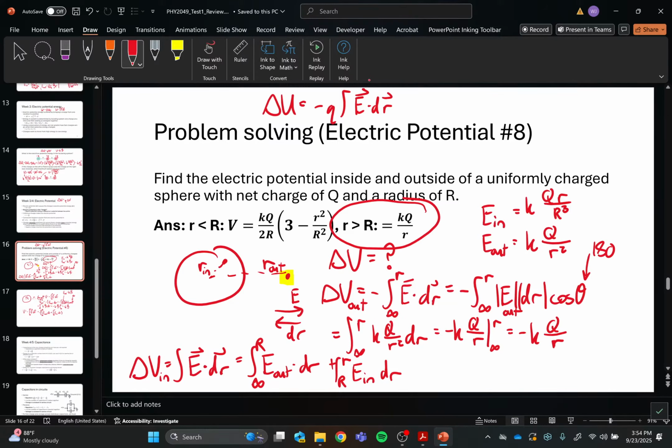The field will still be outwards, because it's a positive. That becomes the big R there. It's really infinity on the bottom. It's the same position as the big R. Yeah, but I have to start at infinity.